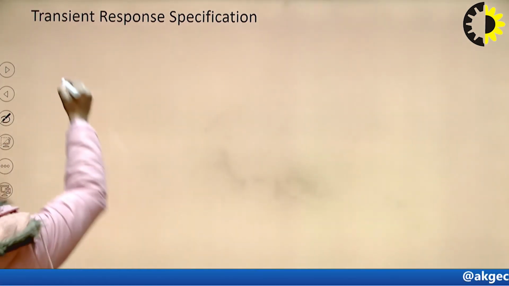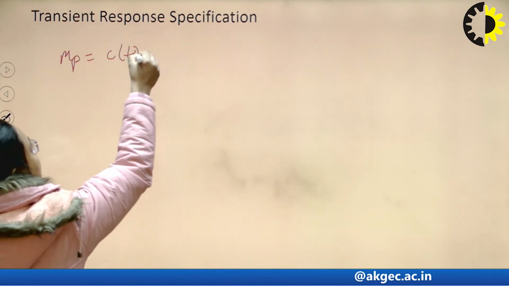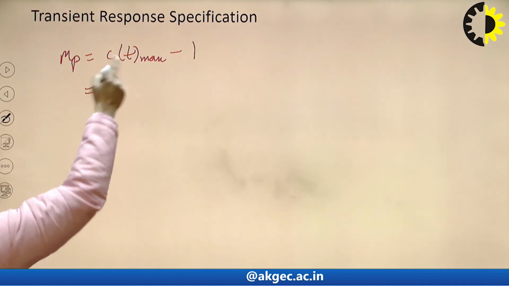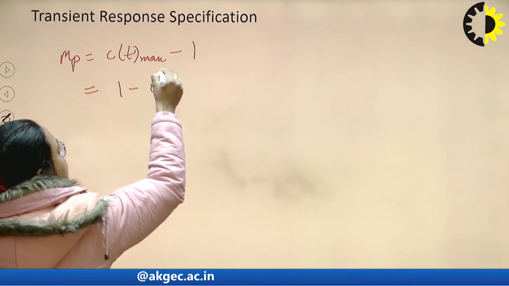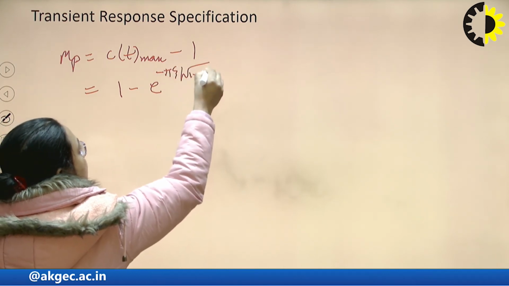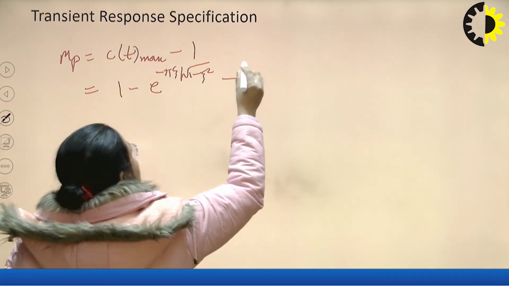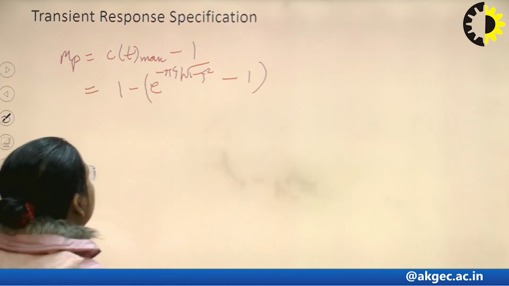Now, MP is defined as CT max minus 1. So we can put the value of CT max here, which is 1 plus e raised to the power minus pi zeta upon under root 1 minus zeta square, and minus 1, right.